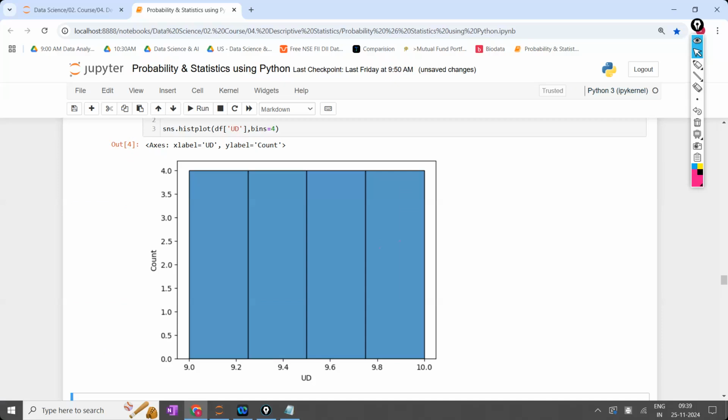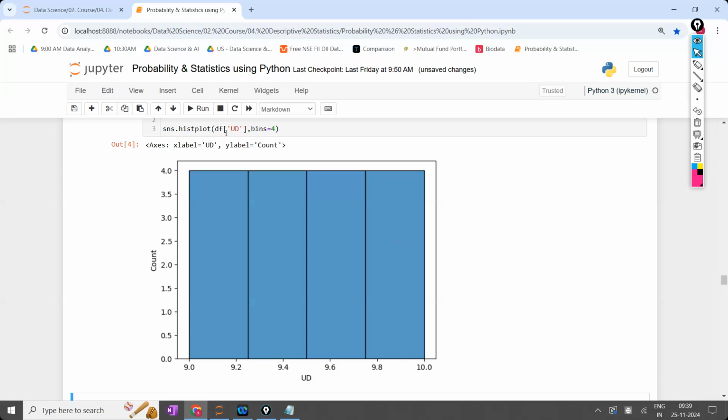It means every interval has the same amount of count, the same number of records. Whatever interval size you are considering, if all the intervals have the same count, then it is called uniform. For example, from 30 to 40 if you have one student, 40 to 50 also one student, 50 to 60 also one student.